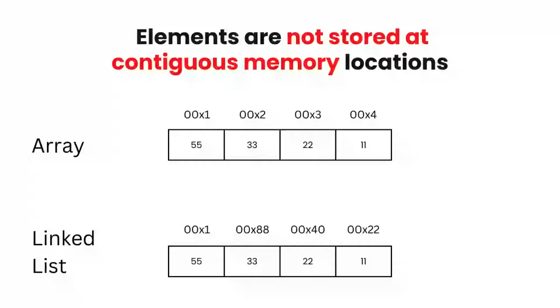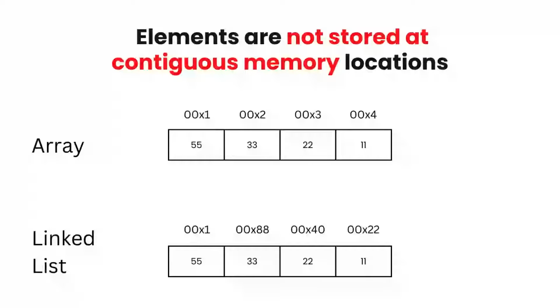The only thing you need to observe here is that the addresses of the array elements start from 0x1, then the next element's address is 0x2, then 0x3, 0x4. This represents continuous memory, because after 1 you see 2, 3, 4.